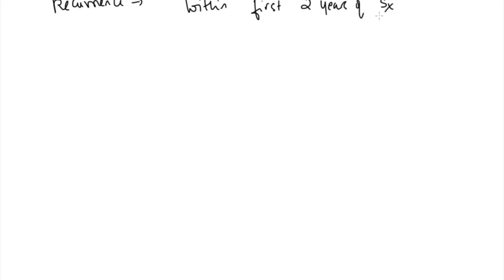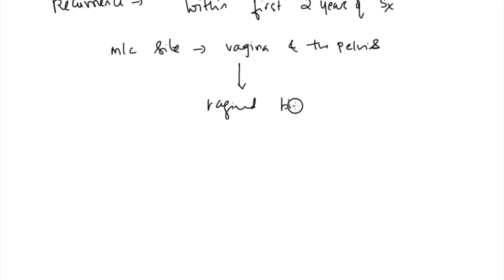The most common location would be the vagina and the pelvis. So hence the most common presentation would be bleeding again. Okay, fine. So that finishes most of the important things regarding carcinoma endometrium.